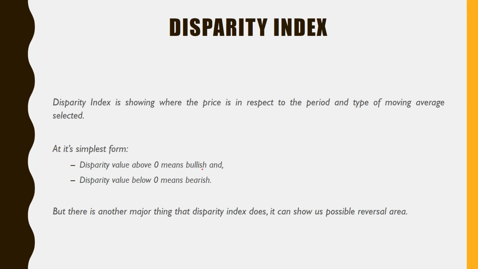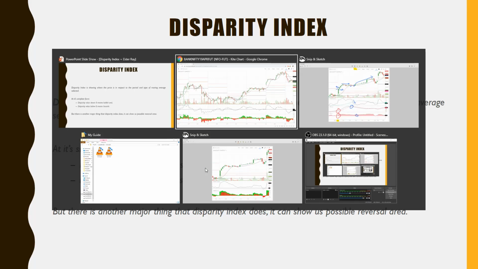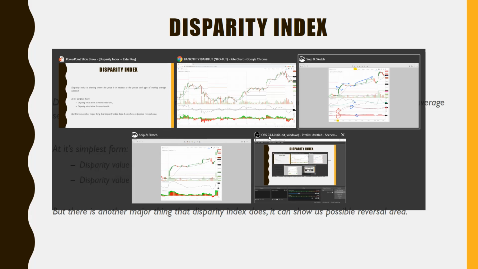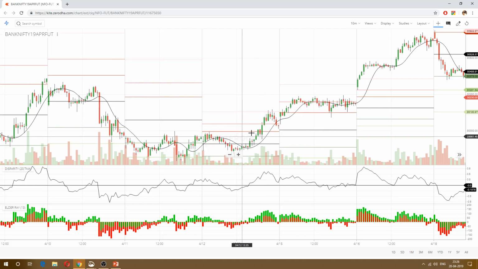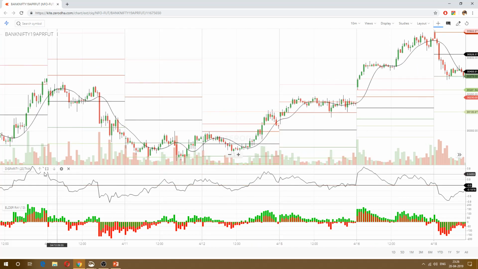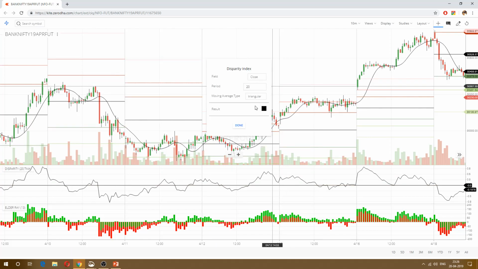Disparity index is showing where the price is in respect to the period and the type of moving average selected. For this setup, disparity is with respect to the 20 period triangular moving average.